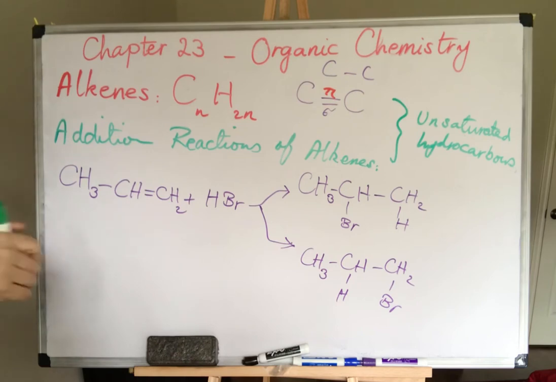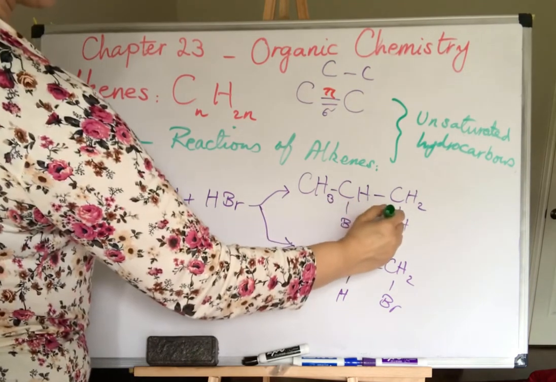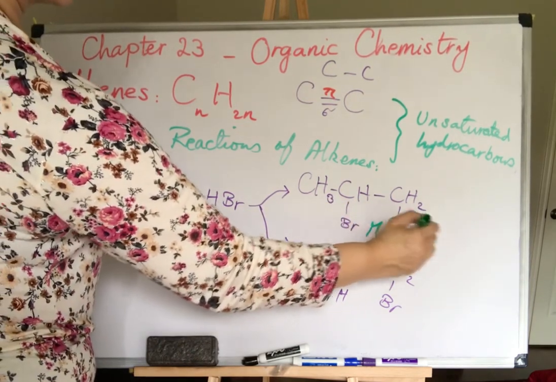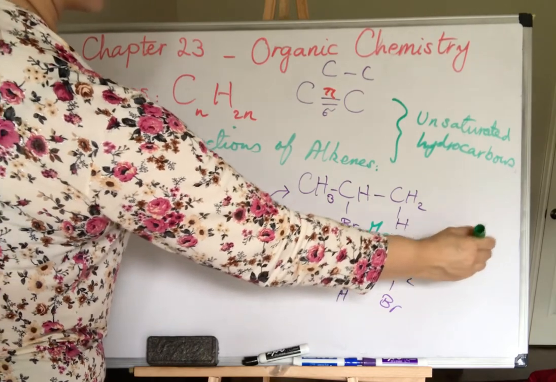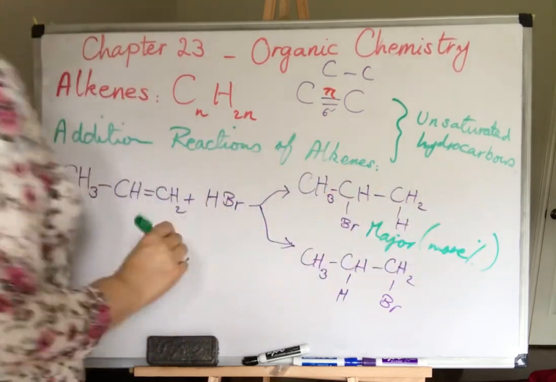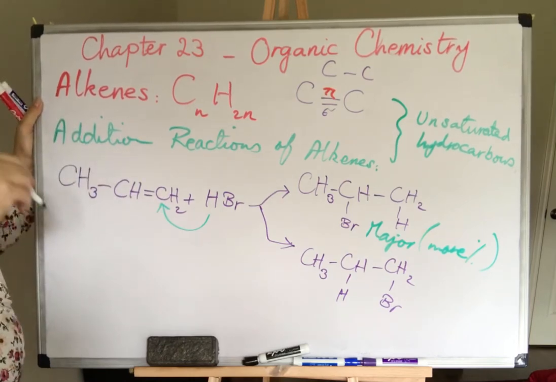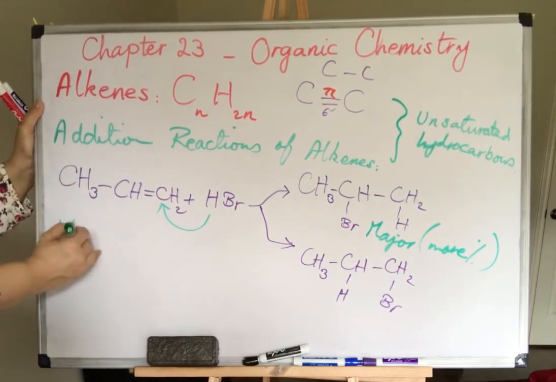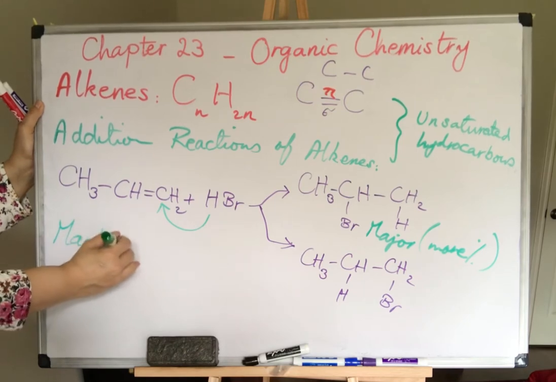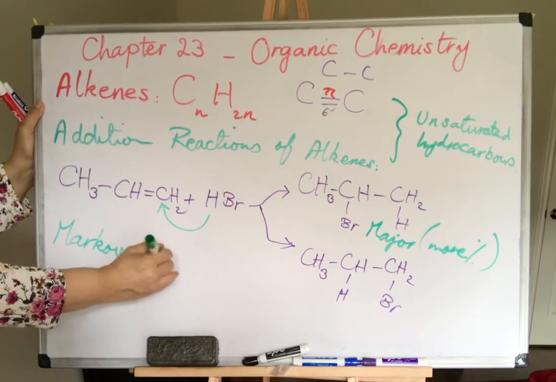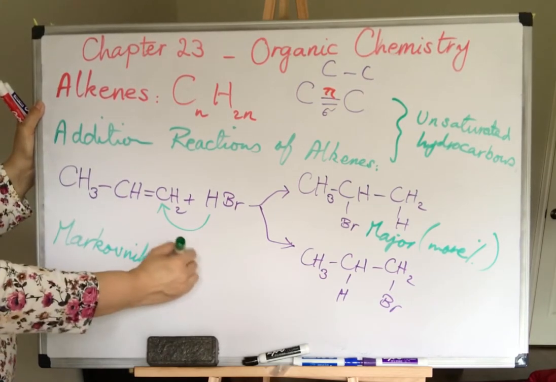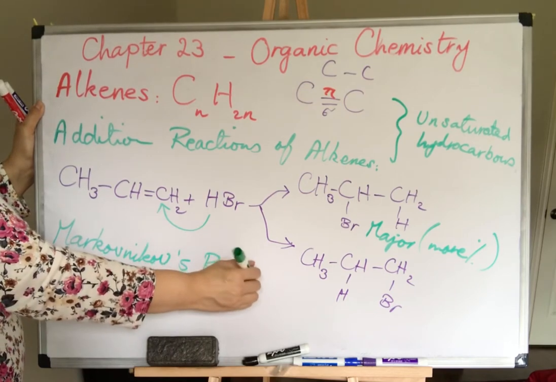He realized that the major product, more percentage, is the one where hydrogen will be added to the carbon that already has more hydrogen. So the Russian scientist Markovnikov came up with his own rule, Markovnikov's rule.